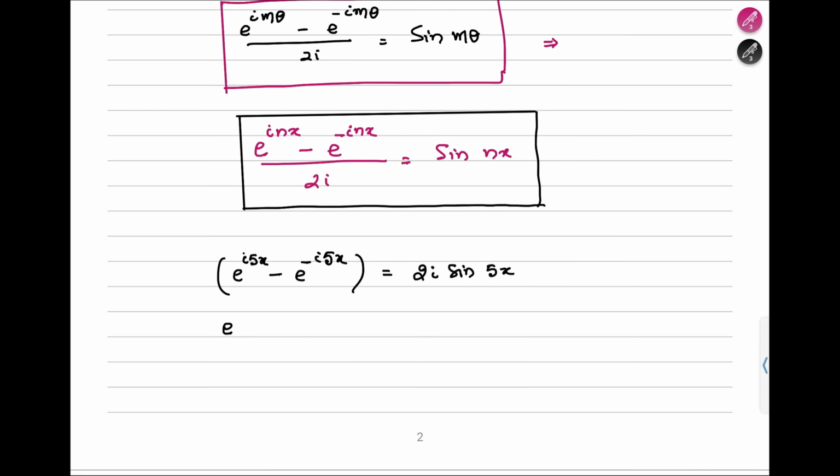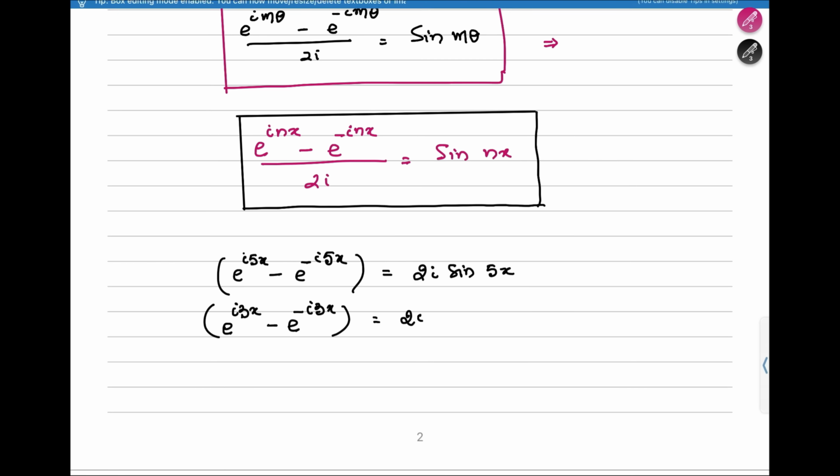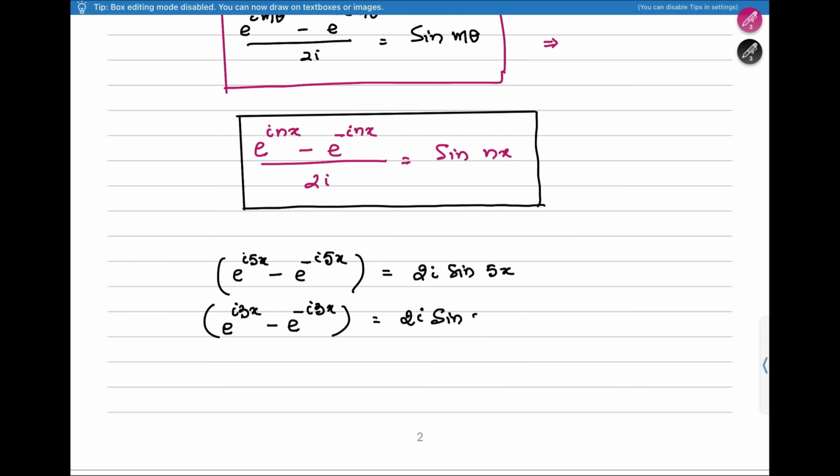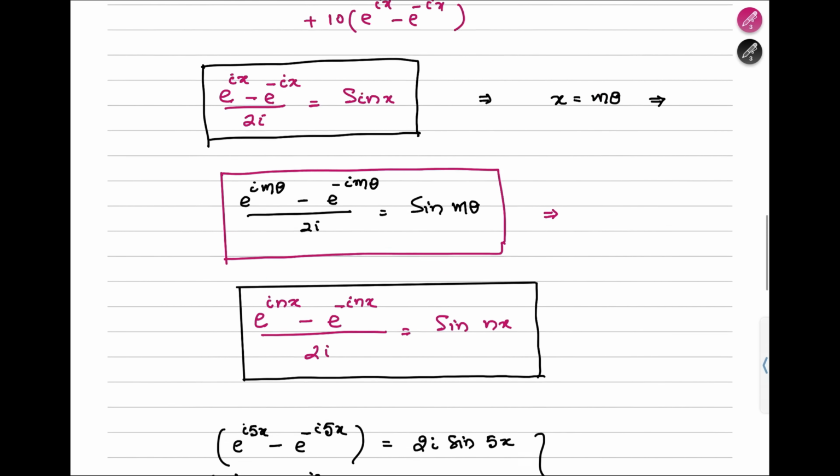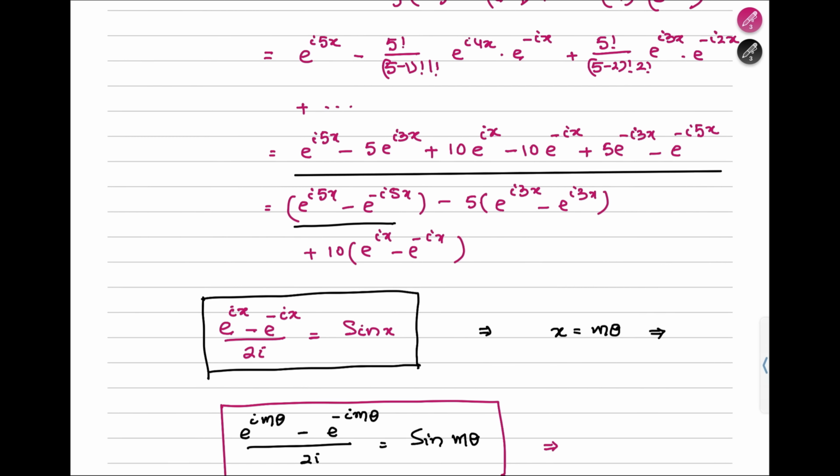Similarly, e to the power of i 3x minus e to the power of minus i 3x can be written as 2i into sin 3x. Similarly, e to the power of ix minus e to the power of minus ix can be written as 2i into sin x. These three values we will substitute in this equation.